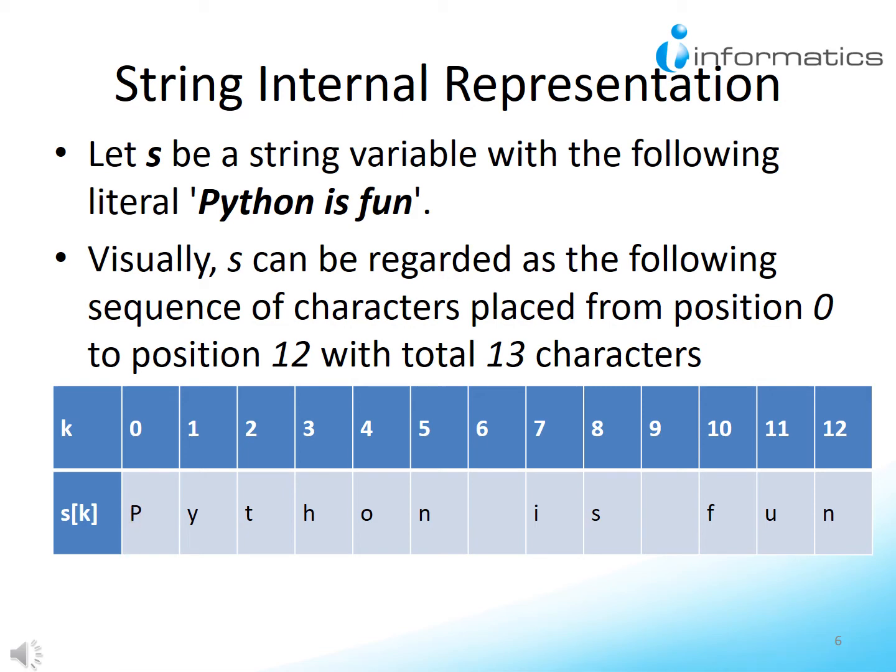The second character, y, is stored at index 1. The last character, n, is stored at index 12. In general, Python string index starts from 0 for the first character to index n-1 for the last character, where n is the number of characters in the string.